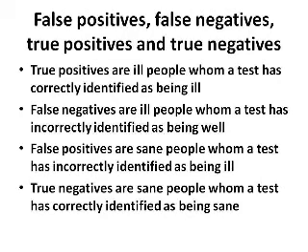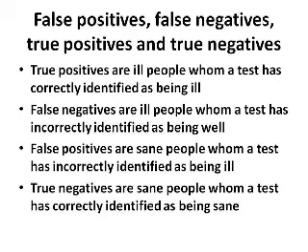Now, the false negatives are the people that have the HIV virus, but that the test has incorrectly identified them as not having the HIV virus. So there are true positives and false negatives. False positives are the people that do not have the HIV virus, but that the test has incorrectly identified them as having the HIV virus.